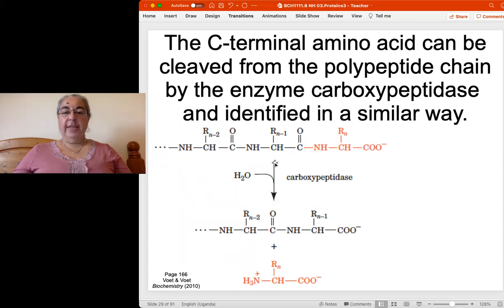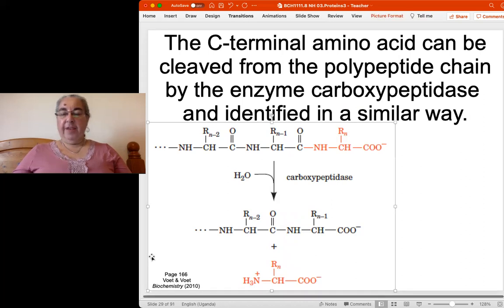So using the enzyme carboxypeptidase, which also adds water into the reaction, we can cut off the C-terminal amino acid, leaving the polypeptide chain one amino acid shorter, and then this can be identified again by chromatography.